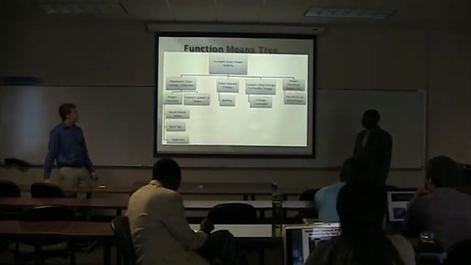From that, we also created a function means tree of the specific functions that our product will carry out. We wanted to maximize the solar collection and efficiency of the entire unit.